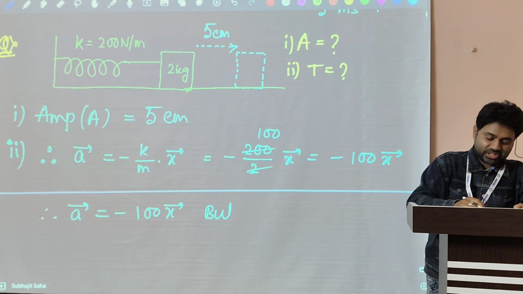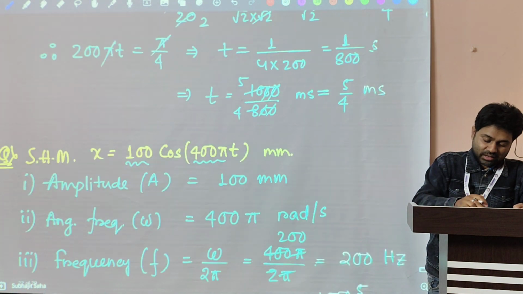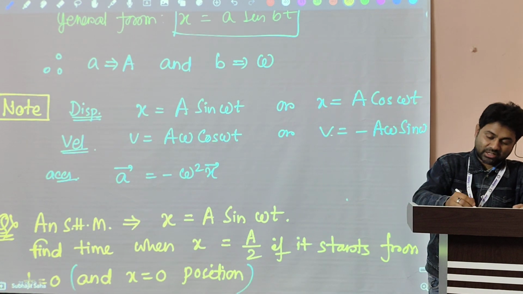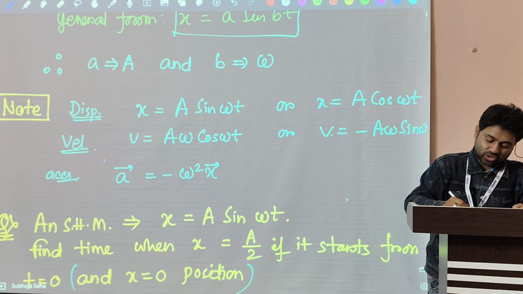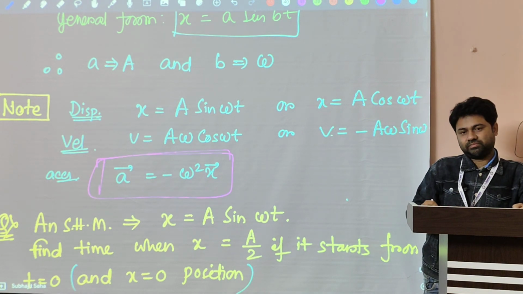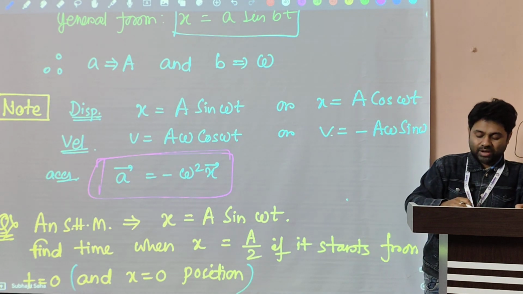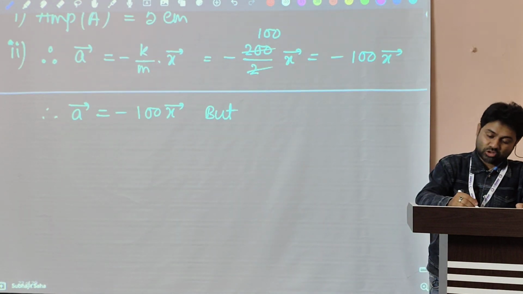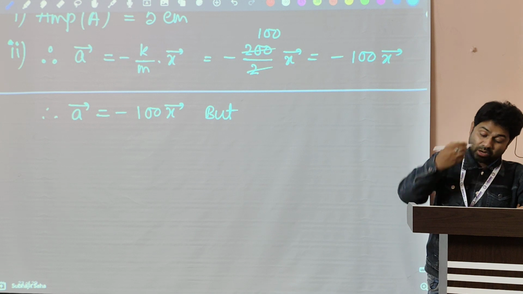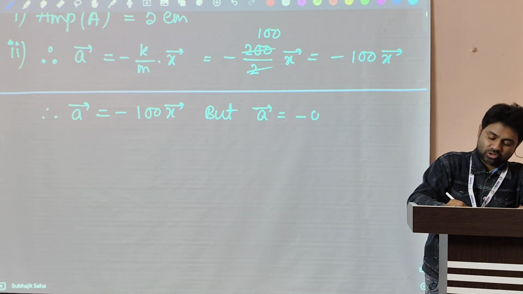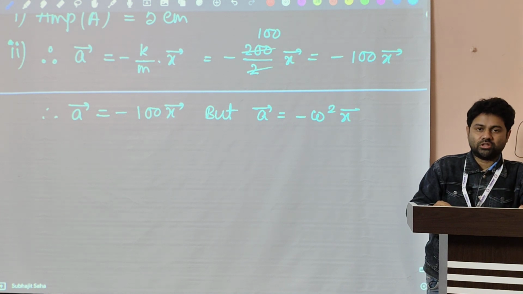But see, we have just stated that for any simple harmonic motion, in our notation under the note, I already wrote it, acceleration would be minus omega square x. That's our form. So as per given data, a equals minus 100x, but as per our known form, acceleration comes out to be minus omega square x if it's a simple harmonic motion.